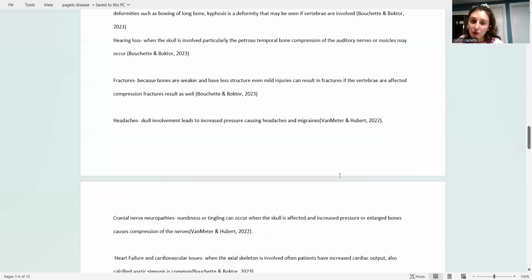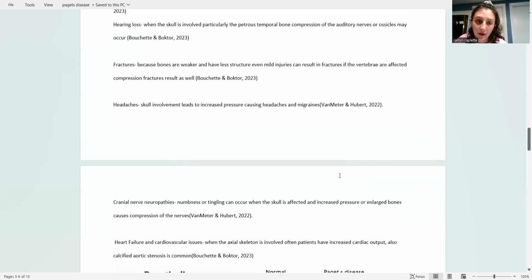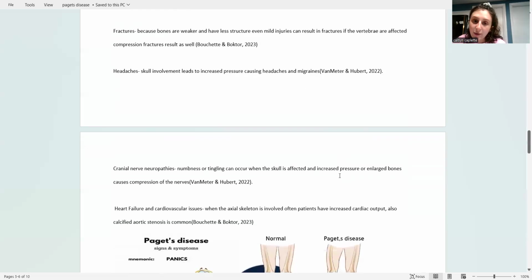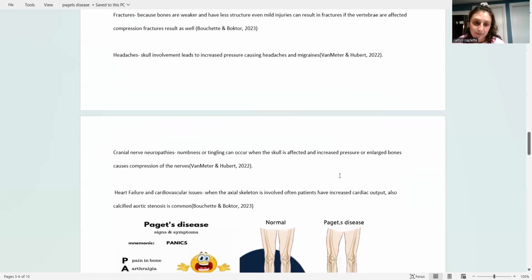Fractures: the bones are much weaker and have less structure, so even mild injuries can result in fractures. Also, compression fractures are very common, and that's more common if the vertebrae are affected. Headaches: skull involvement leads to increased pressure, which causes headaches and migraines.